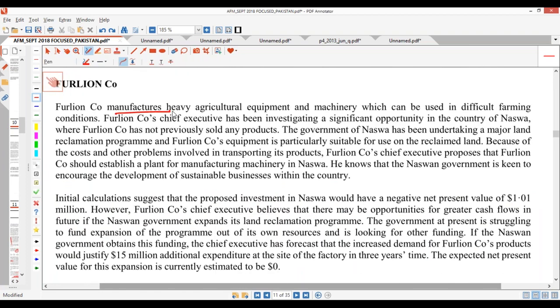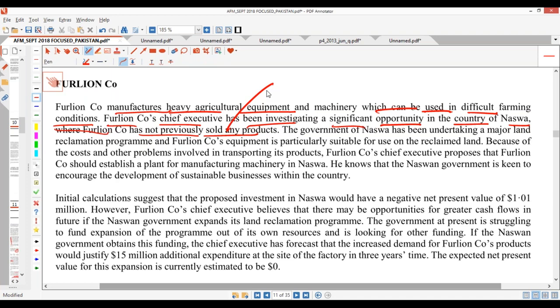Furlion manufactures heavy agricultural equipment and machinery which can be used in difficult farming conditions. Furlion chief executive has been investigating a significant opportunity in the country called Naswa, where Furlion has not previously sold any product. So this is an opportunity.